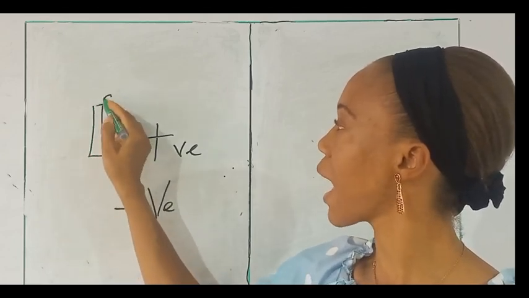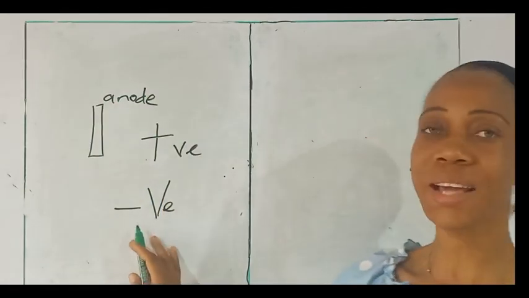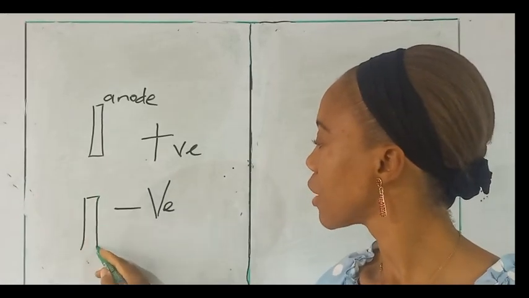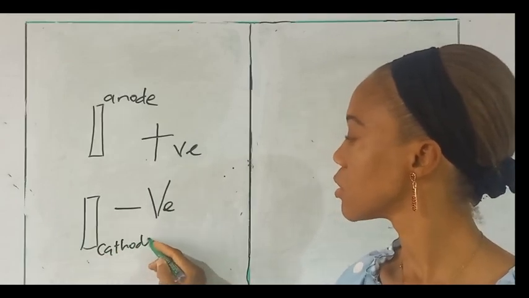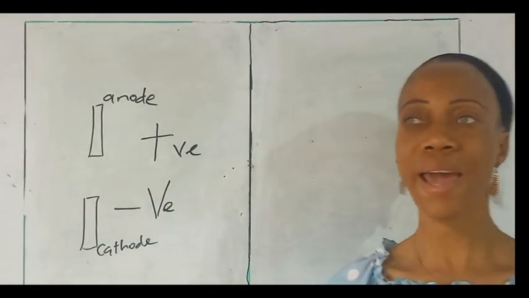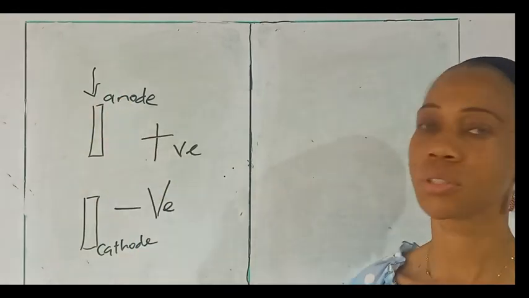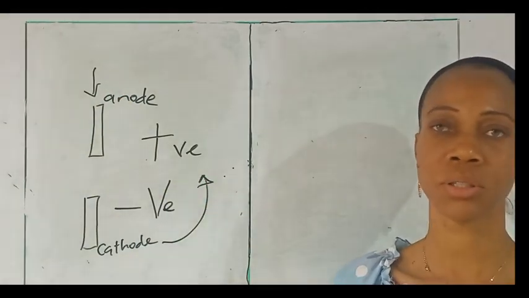We call it the anode. And the negative one is called the cathode. Current enters the electrolyte through the anode and leaves through the cathode.